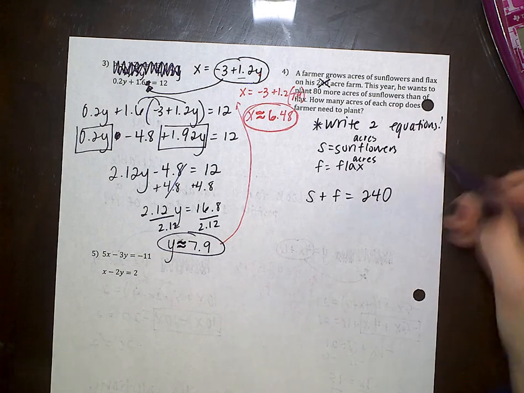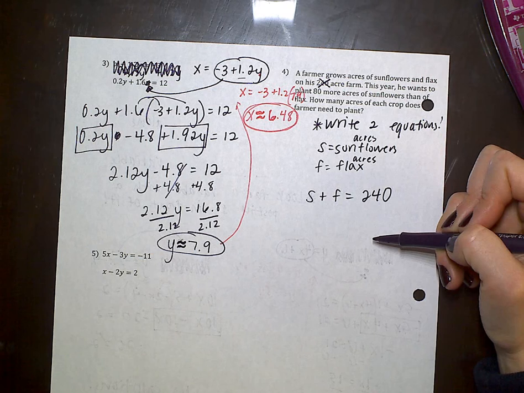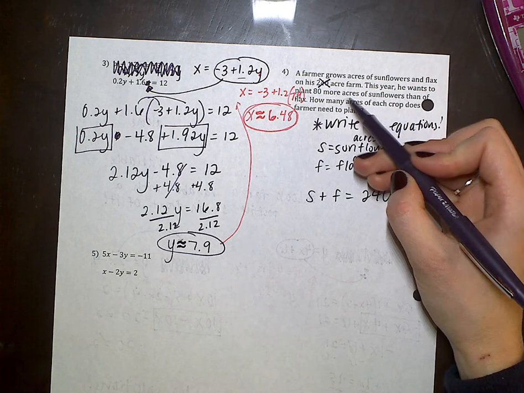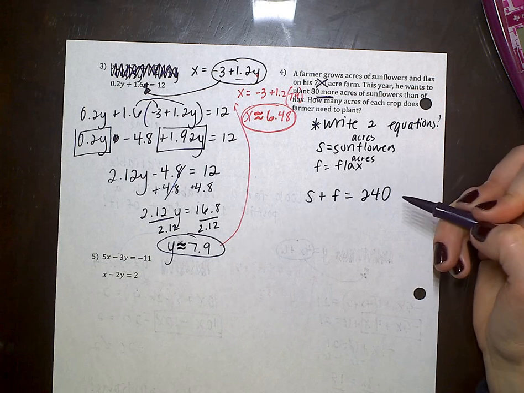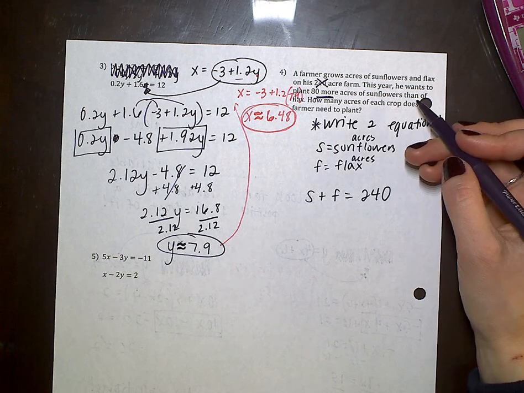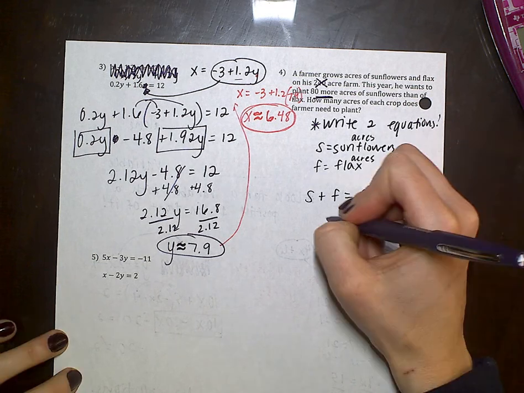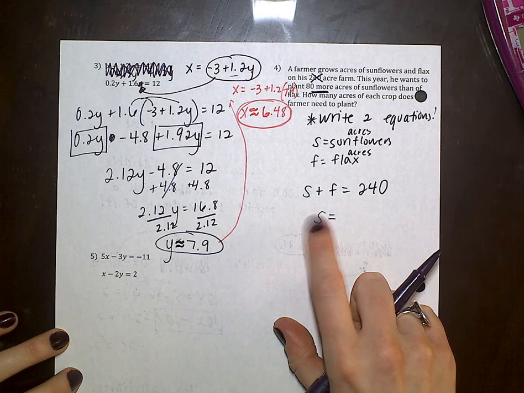The second sentence you can use to write the second equation, and this is where it's going to be just a little tricky. He wants to plant 80 more acres of sunflowers. Okay, so there needs to be more sunflowers than flax. So here's what I'm going to do. To get the sunflowers are 80 more than the flax.